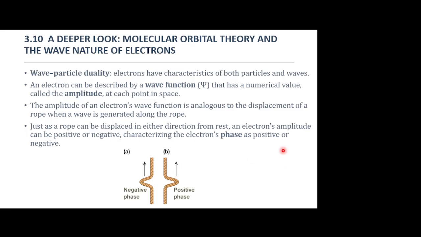Okay, so now, when we're talking about waves, they have phases, right? Just as a rope can be displaced in either direction from rest, an electron's amplitude can be positive or negative, and this is going to be the electron's phase. It'll be positive and negative. Okay, you've already seen a little bit of this because we have positive and negative spins, don't we?